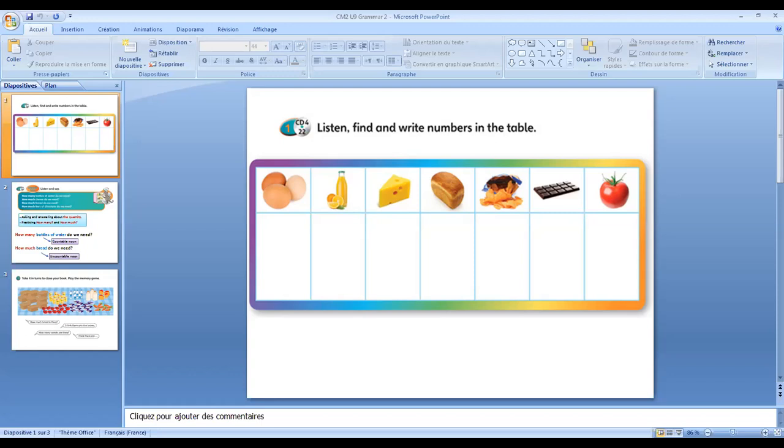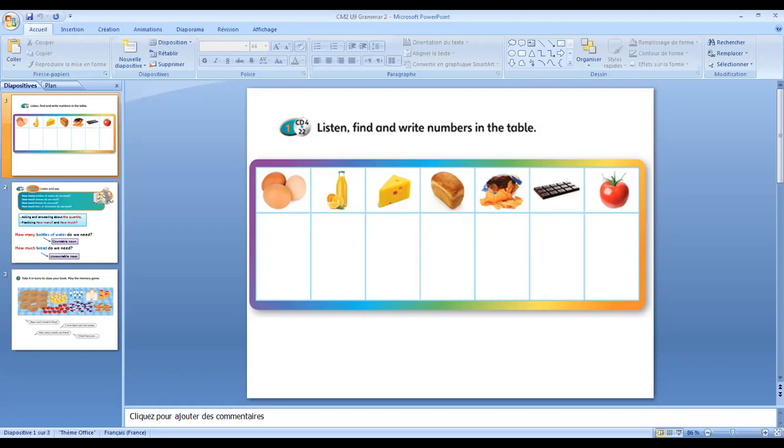And how many eggs? 8. But we have to boil them first. How much cheese do we need? 2 big pieces. How many tomatoes do we need? 4, I think.